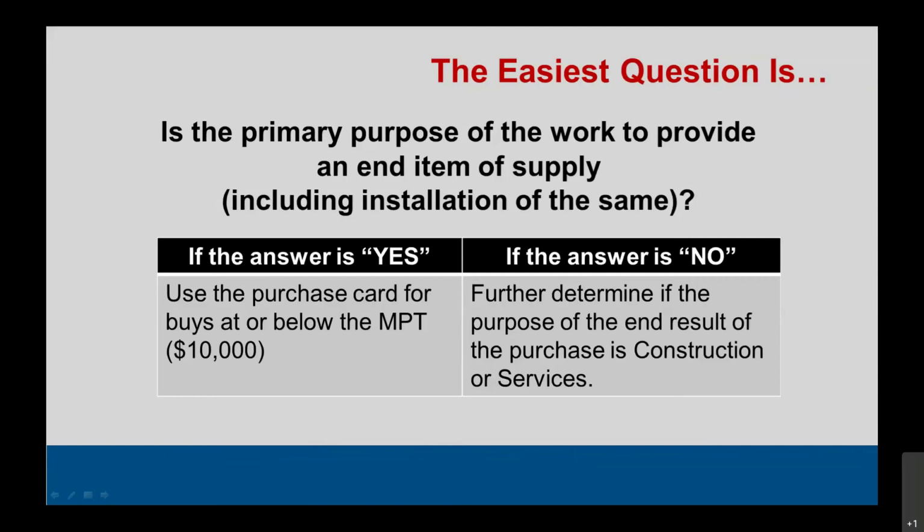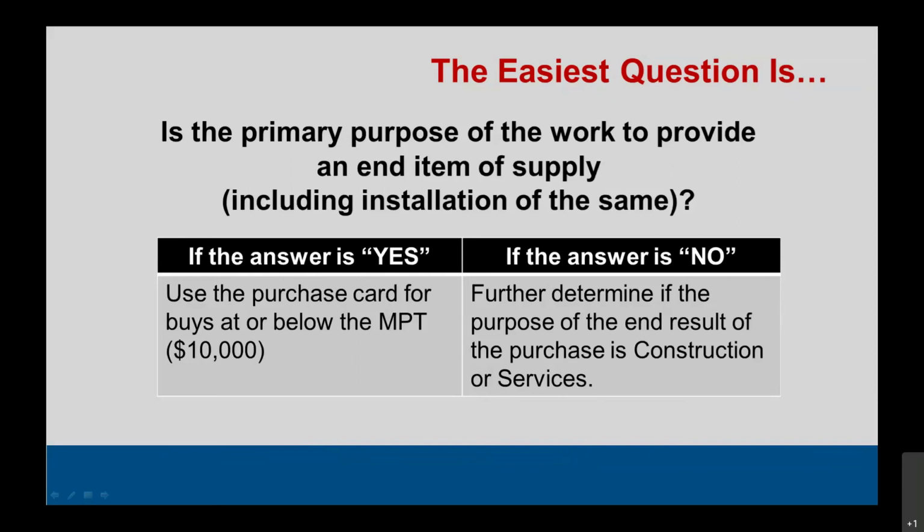And we field a lot of questions throughout the year. I do about how to classify different purchases when it comes to the application of the appropriate micro purchase threshold. So the bulk of this class is going to walk through a series of yes or no type questions that you can use rather quickly to determine how to employ the micro purchase thresholds and the exceptions to those for service and construction.